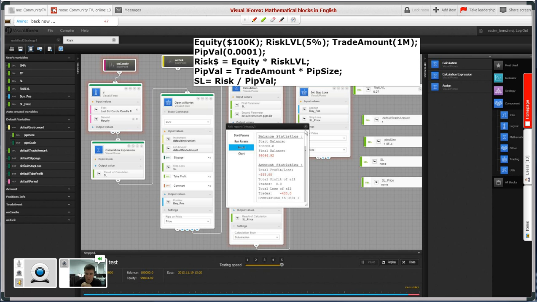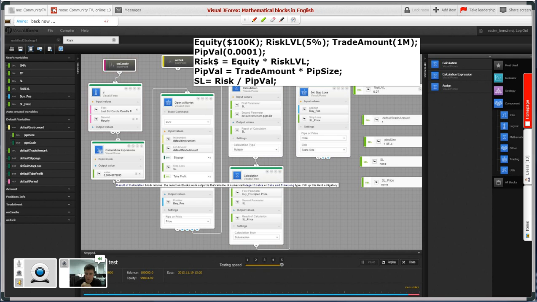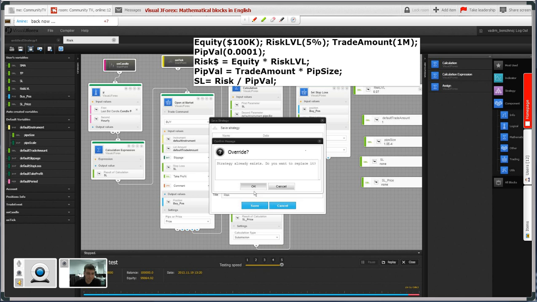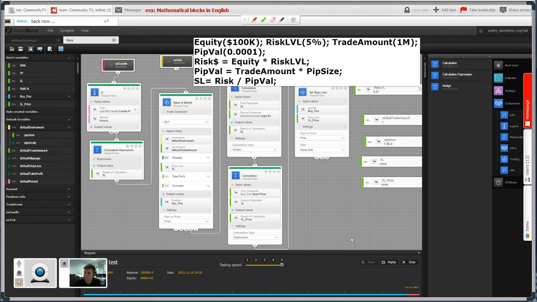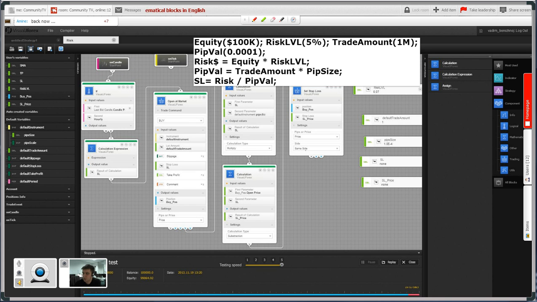It's not showing us any changes. Save the draft once again. EQ2 risk level at 7.